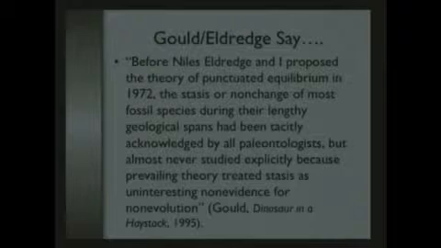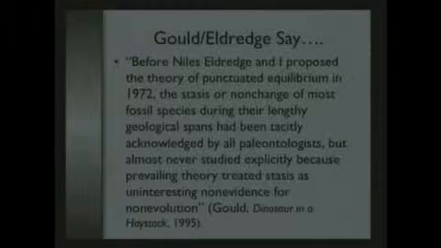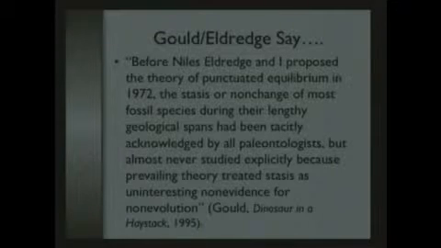We all knew, according to Gould, that the majority of what you see in the fossil record is stasis, non-change. Nothing's happening. But that's almost never studied explicitly, because prevailing theory treats stasis as uninteresting non-evidence for non-evolution. Now, if you're an evolutionist, what good is the fossil record to you if 90+% of it is non-evidence for non-evolution?